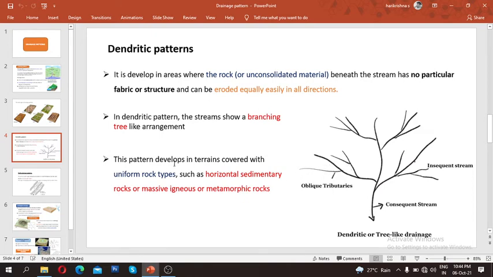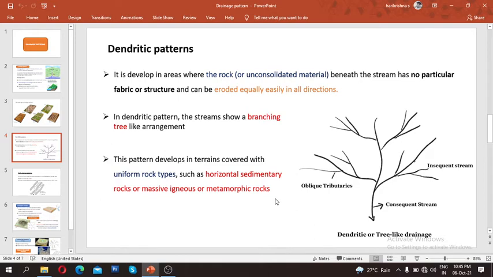Next, this pattern develops in terrains covered with uniform rock type. If the area has only a uniform rock type, this dendritic pattern will be there, whether it is horizontal sedimentary rocks, massive igneous rocks or metamorphic rocks. I have already mentioned that this dendritic pattern is very common in almost all terrains, and in all three major rock groups you can observe it.